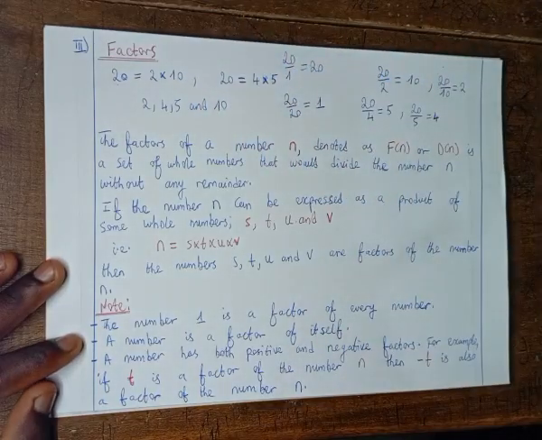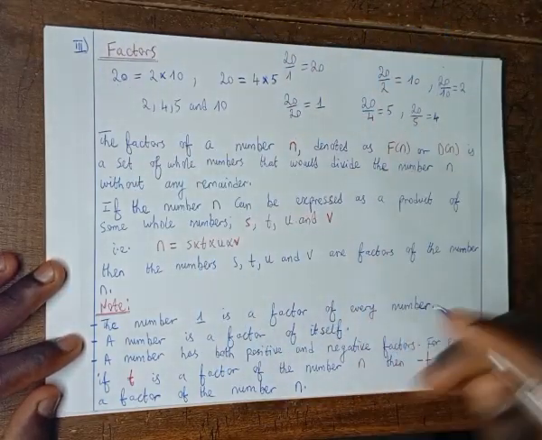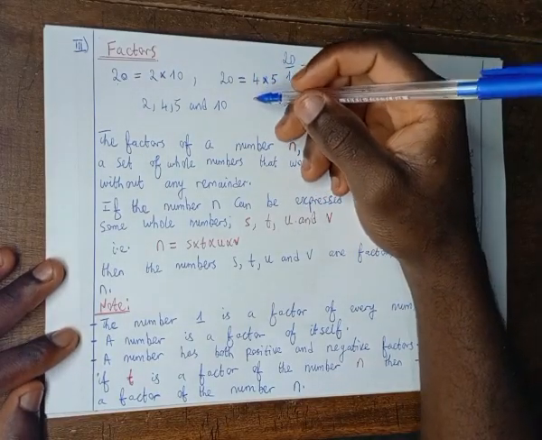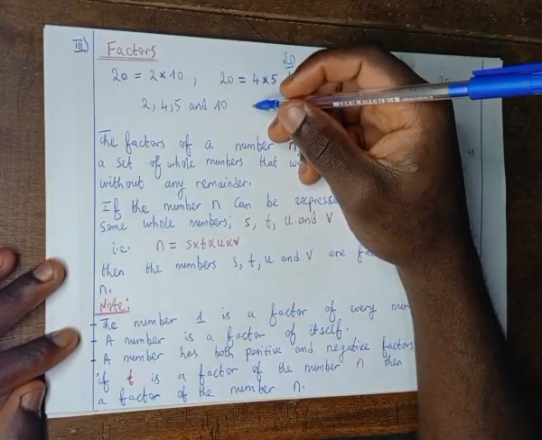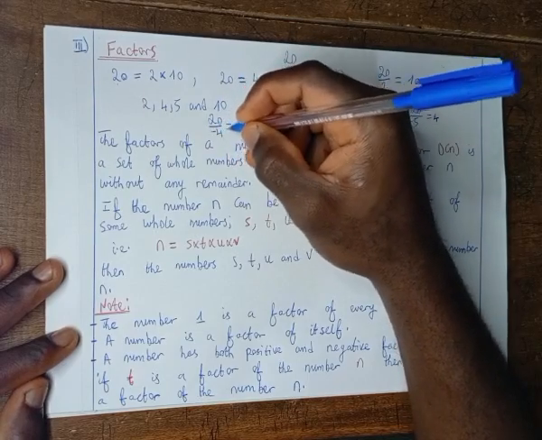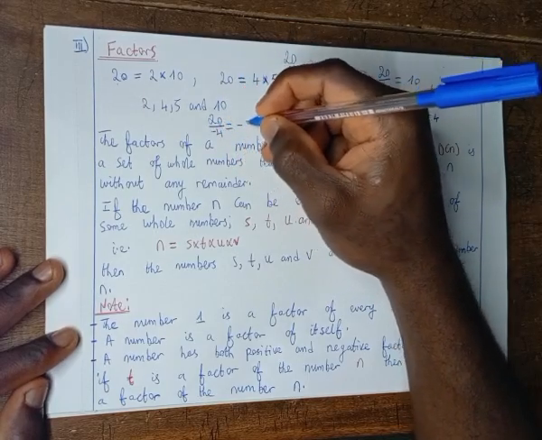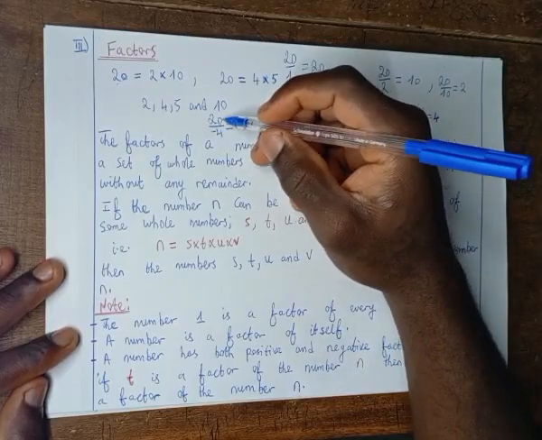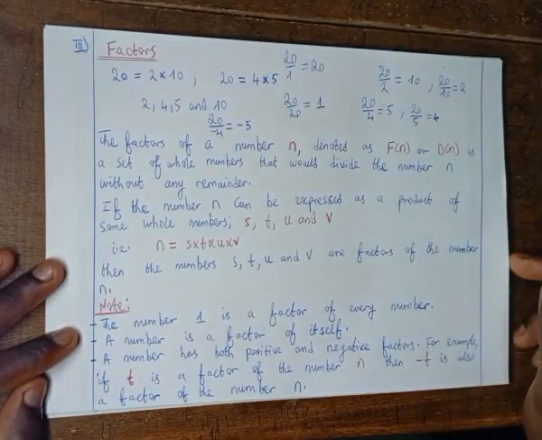Looking at this example, still working with 20, we know 4 is a factor of 20. If we divide 20 by negative 4, it will simply be equal to negative 5, which is a whole number. Therefore, negative 4 is a factor of 20.